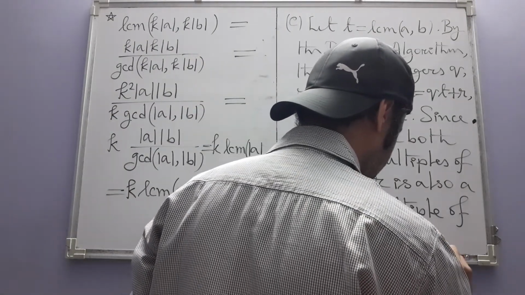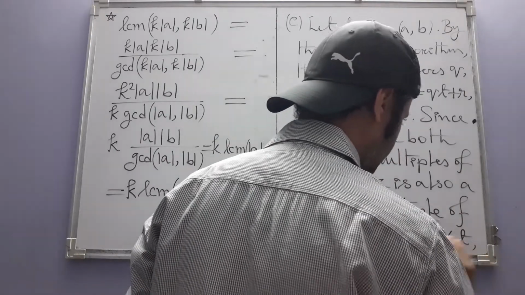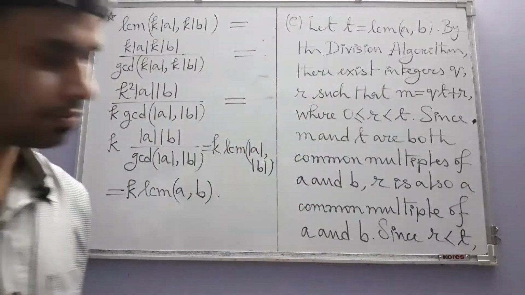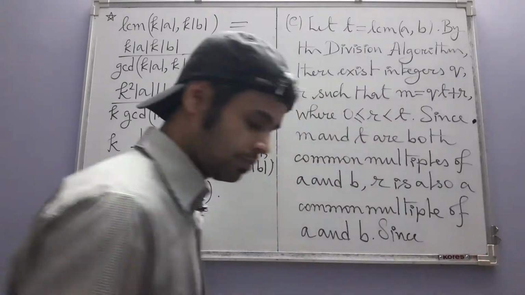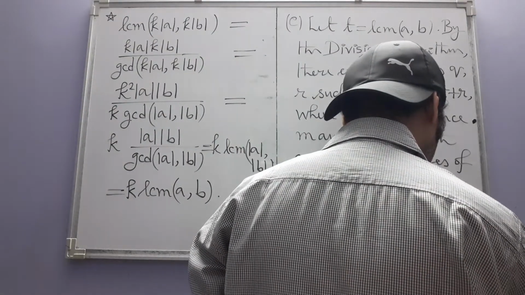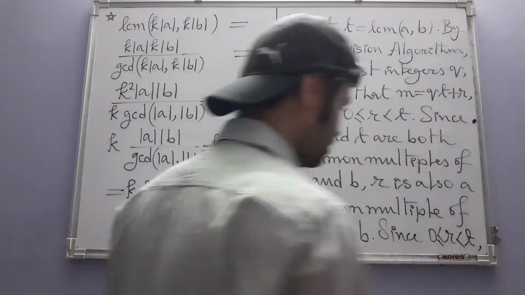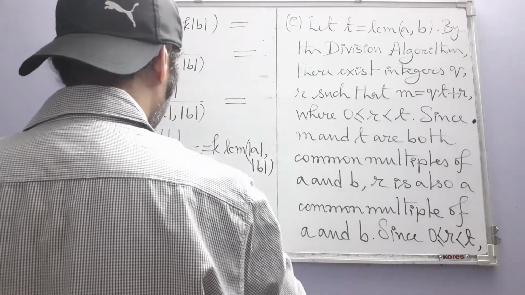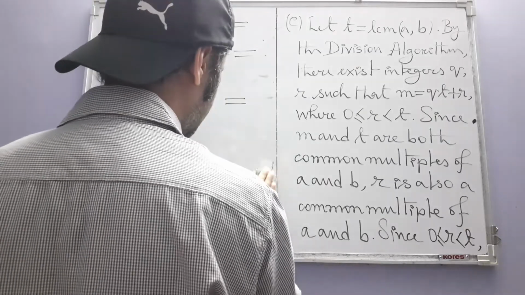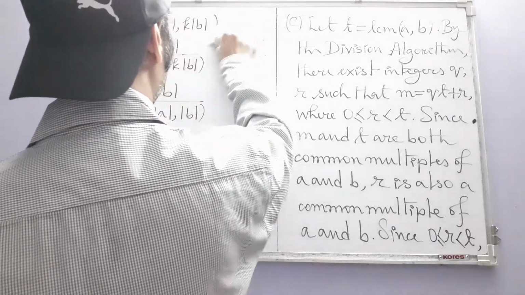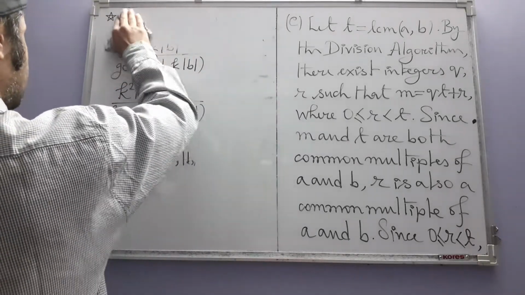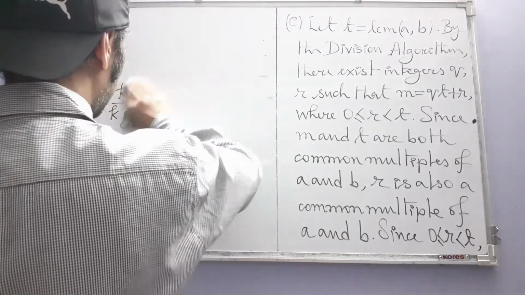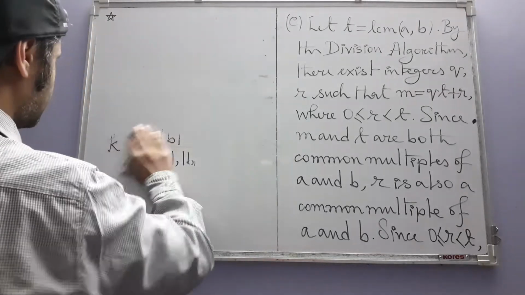Since 0 is less than or equal to R, which is less than T, R cannot be positive due to the minimal nature of T. And that's why R has to be equal to 0, which just simply forces us to conclude that T divides M, which is what we wanted to show.